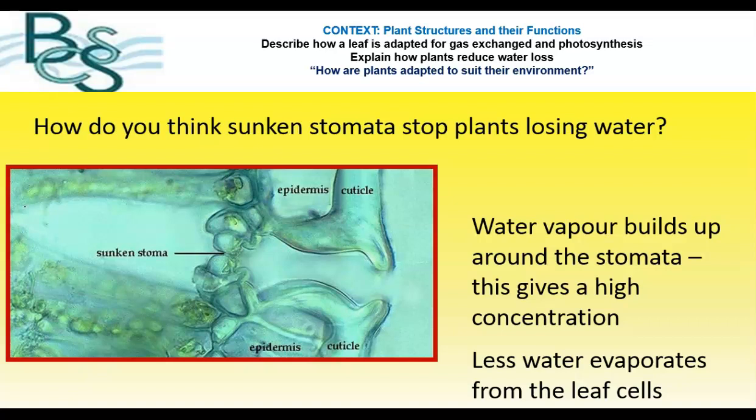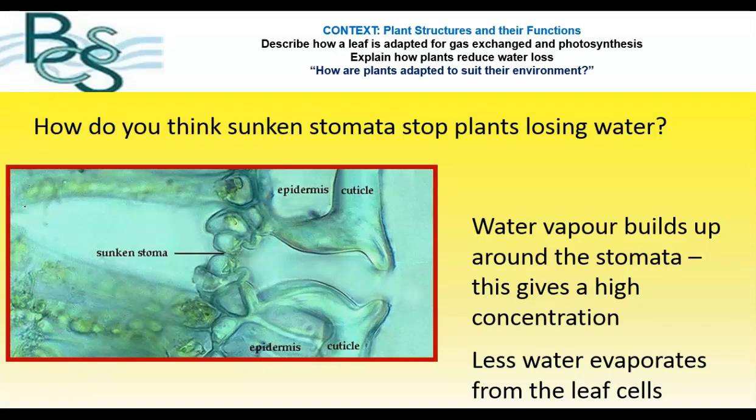Okay, so this is one way that some plants can stop water loss from their leaves. What they actually have is sunken stomata. If you look at this picture, on the right hand side you can see the epidermis. Normally you would expect to find the guard cells along in a row with the epidermis, but here, to the left of the epidermis, we have the sunken stomata with the guard cells on each side.